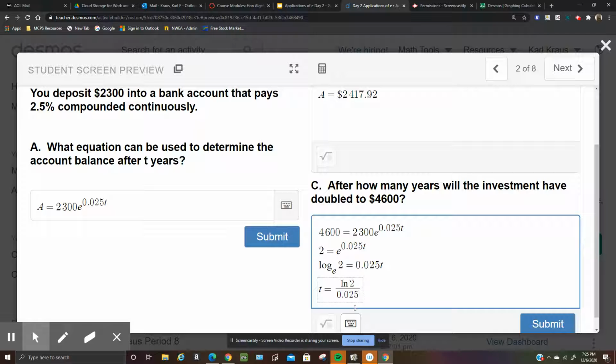There's actually a formula that says this. To double the investment, it's always going to be the natural log of 2 divided by whatever the rate is. So in this case, it's 2.5%.